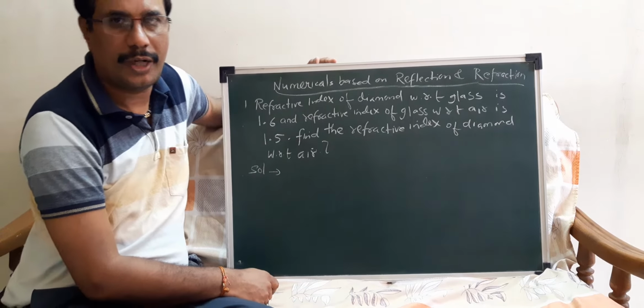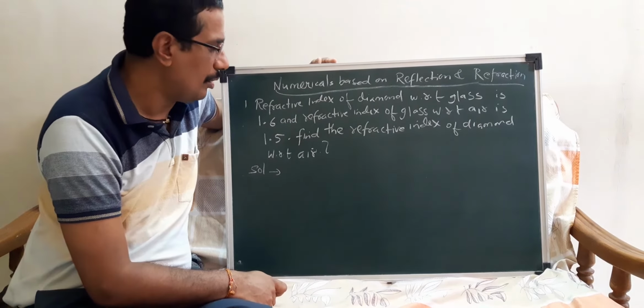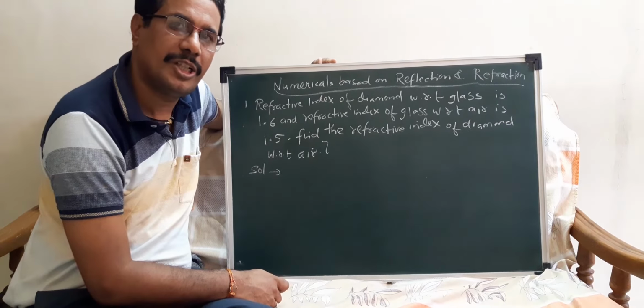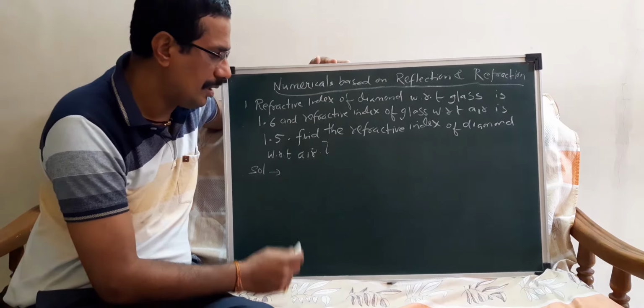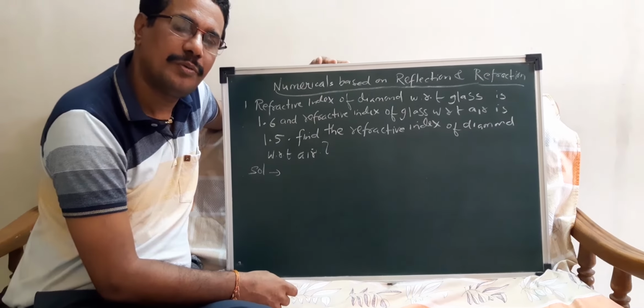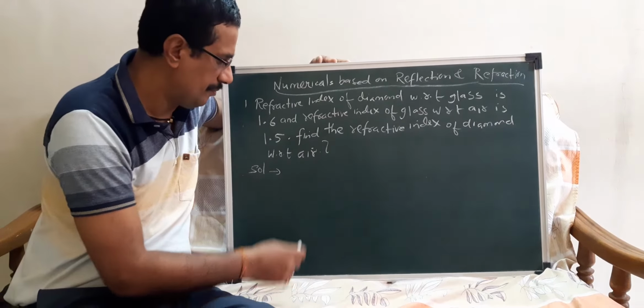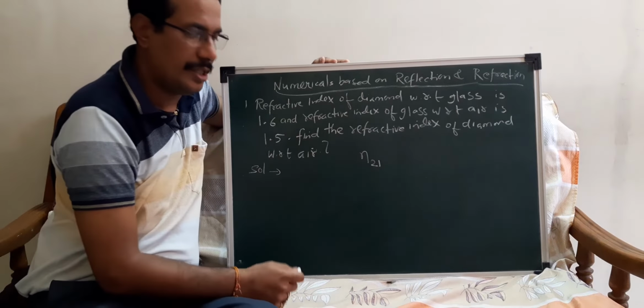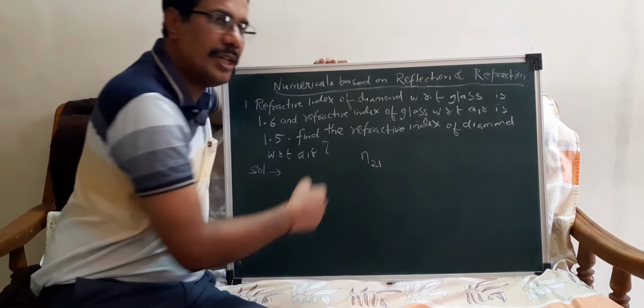Now what is the meaning of refractive index? You all know refractive index is the measure of the ability of a medium, how much it can bend the ray of light. Now there are different formulas for refractive index. One formula is the refractive index of any medium with respect to another medium. Suppose the first medium is air and the second medium is glass.